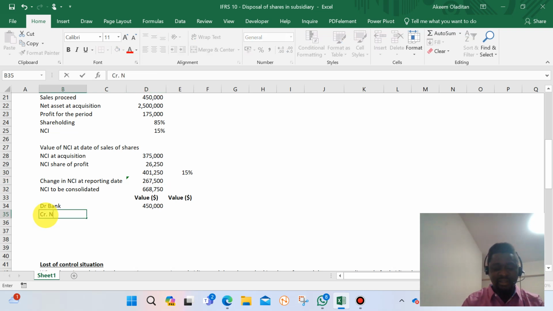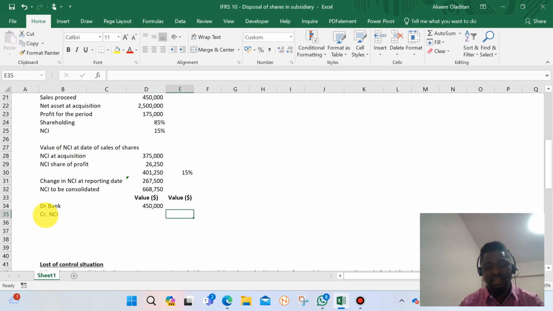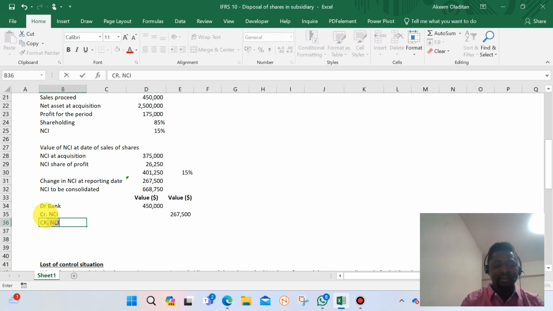Credit NCI, because that value is what increased the NCI, will be 267,500. So there's a difference, which is shown on the credit side. That difference will be recorded under other component of equity. So credit other component of equity.